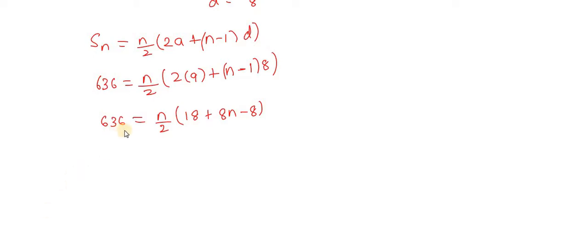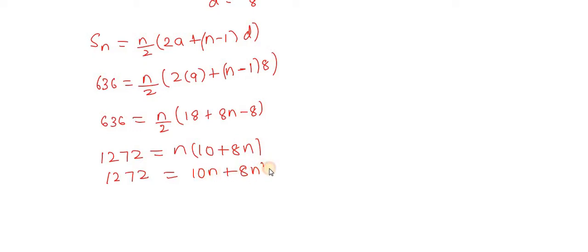Now we can cross multiply here, 636 into 2, so that is 1272, which is equal to n into 10 plus 8n. Okay, now 1272 is equal to 10n plus 8n square.